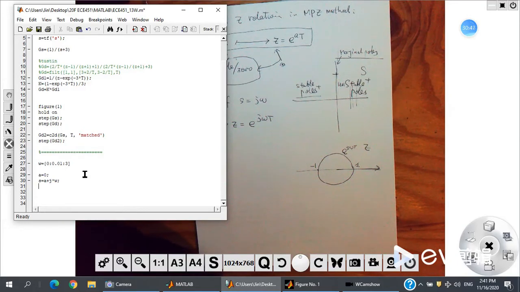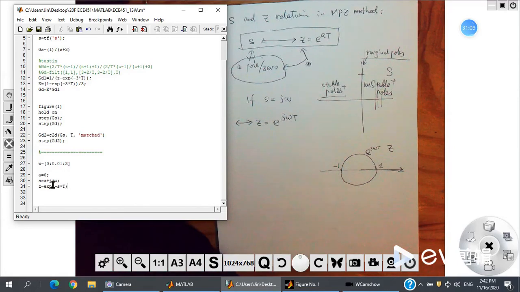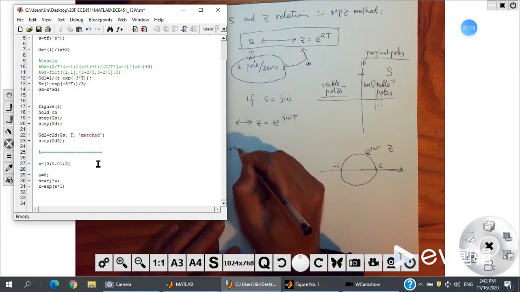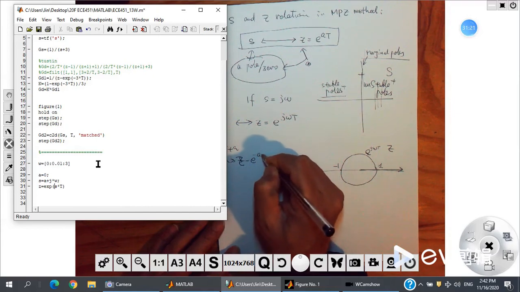For this S, I want Z. Z is the exponential of S times T. S plus A corresponds to Z minus e to the negative AT.